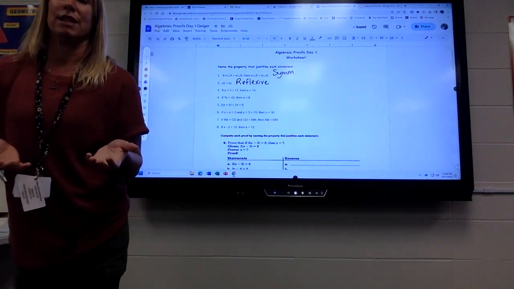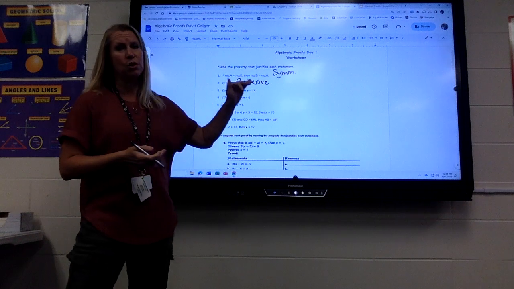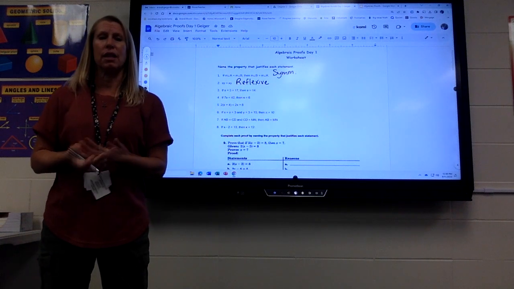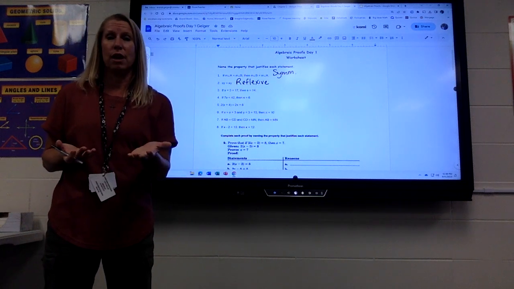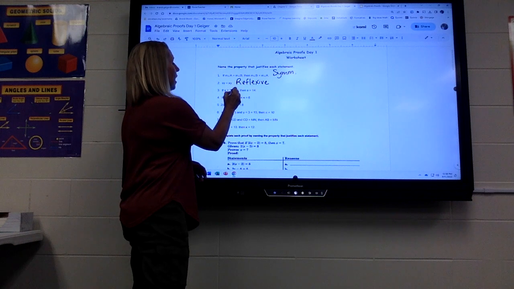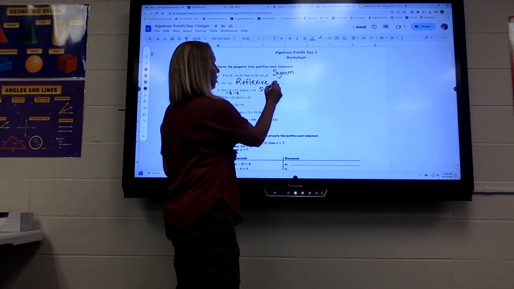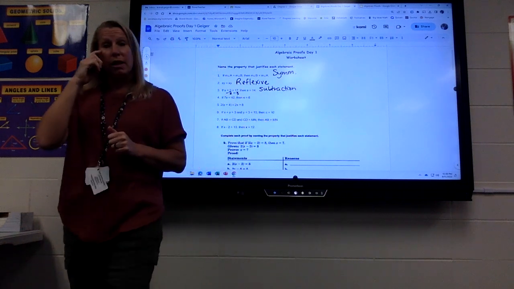On the next one, you just ask yourself, what do I do to get from the if part to the then part? If x plus 3 equals 17, what did I do to get x equals 14? Well, I subtracted 3 on both sides, so that would be subtraction. What about the next one?